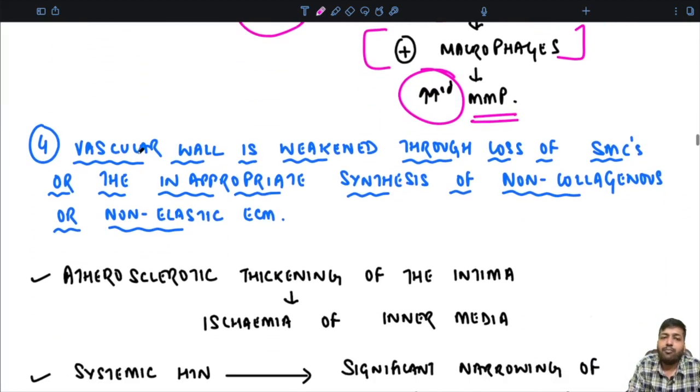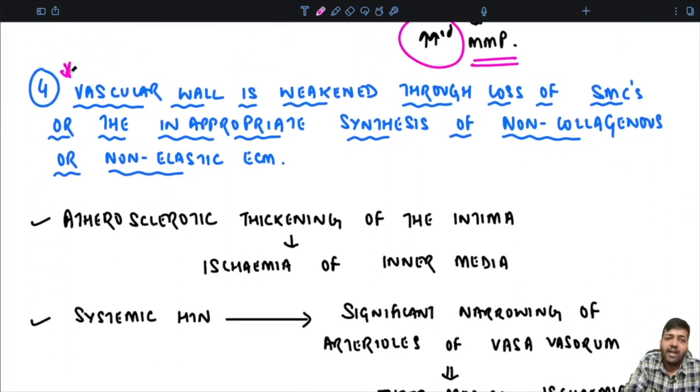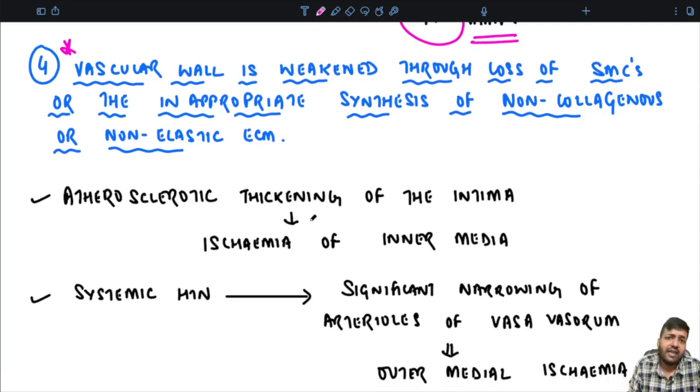The fourth important point in the pathogenesis is that the vascular wall is weakened through loss of smooth muscle cells or because of an inappropriate synthesis of non-collagenous or non-elastic extracellular matrix, okay. Remember, as in atherosclerosis, inflammation plays a role. Secondly, in atherosclerosis there is a thickening of the intima.